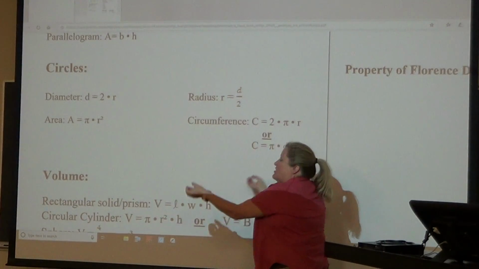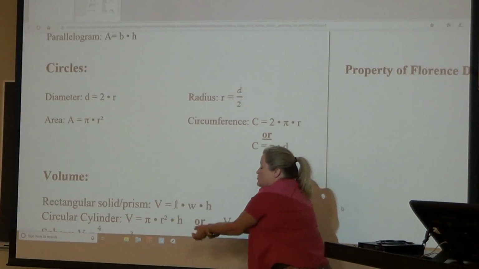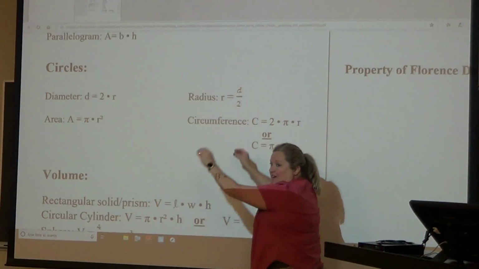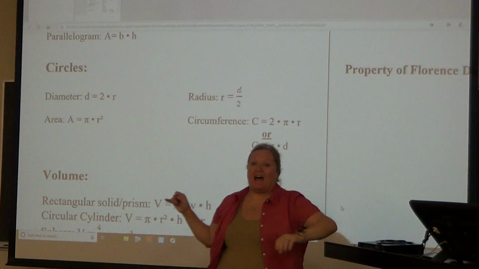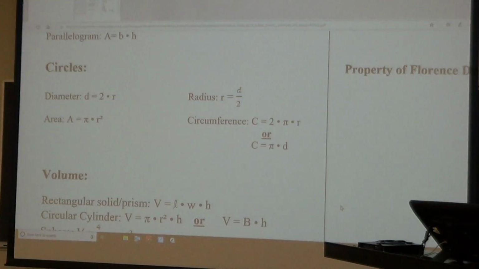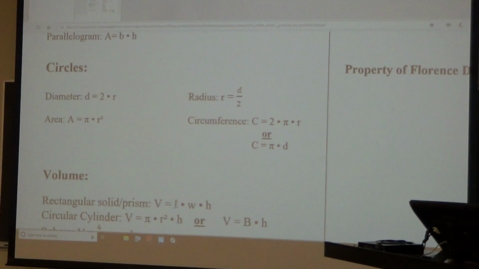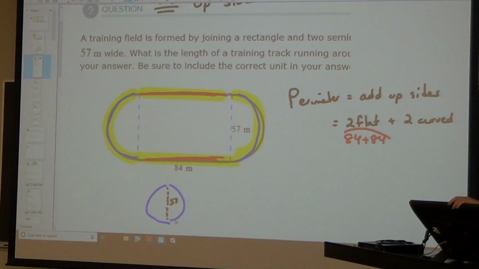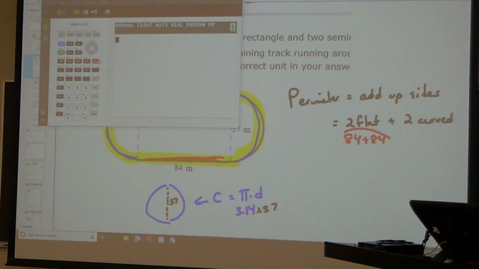And the reason we're doing the circumference is we want to know how much track we walked. We want to know the outside of the circle. So C equals pi times d. And the good news, we already know that d is 57. So I'm going to do 3.14 times 57. Now, did I walk the whole circle or did I walk half the circle?